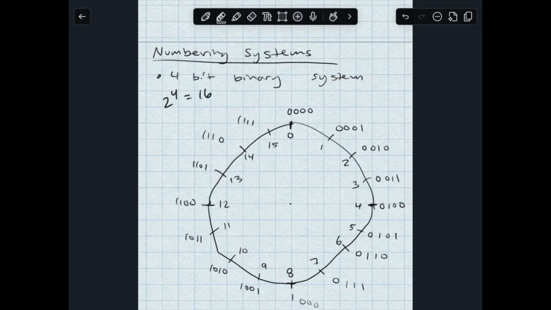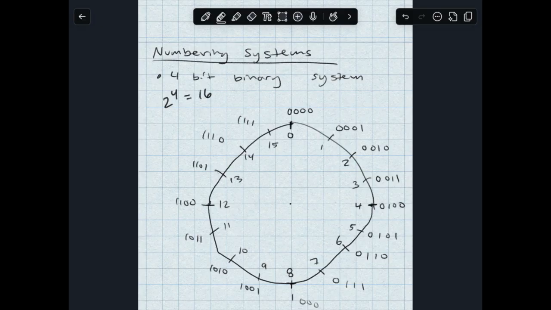If we add another digit in binary, then we can go even higher, and we'll talk more about that a little bit later. The reason that I have this represented as a circle is that if you add numbers that are bigger than the numbers that you can possibly represent, you get an overflow. So let's say, for example, that I added 8 and 8.